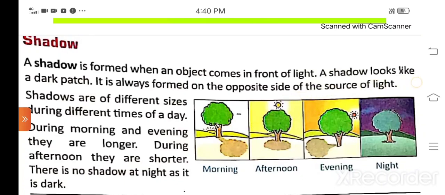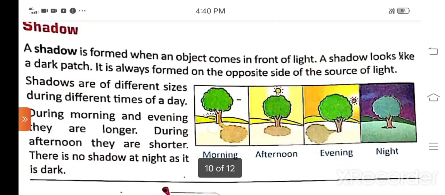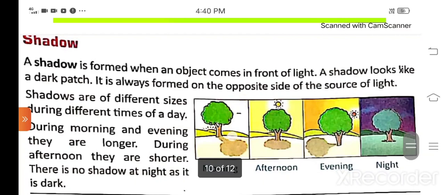Next, the shadow looks like a dark patch. As you're watching here, all shadows look like a dark patch. It is always formed on the opposite side of the source of light. As you're watching here, this is the sun. Here the tree is there, and in front of the sun there is a shadow.